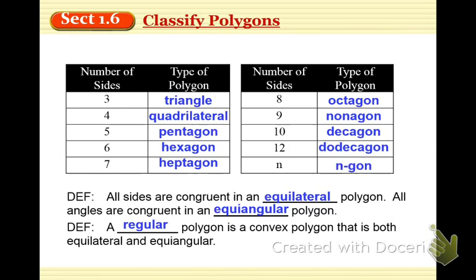And if we can find anything to be modeled by a regular polygon, then we actually know a lot of information about that. We'll get into regular polygons a little bit later, but they're actually very, very useful.